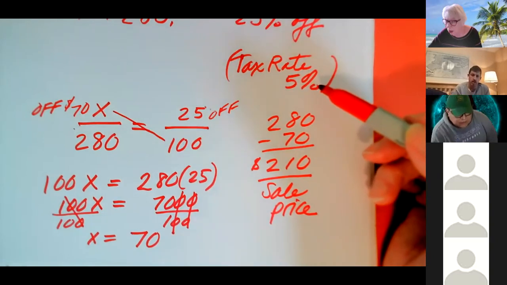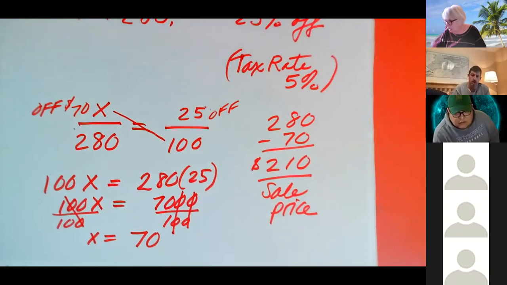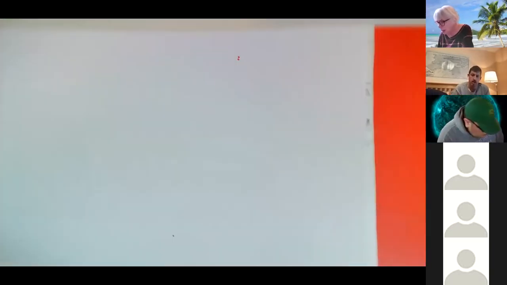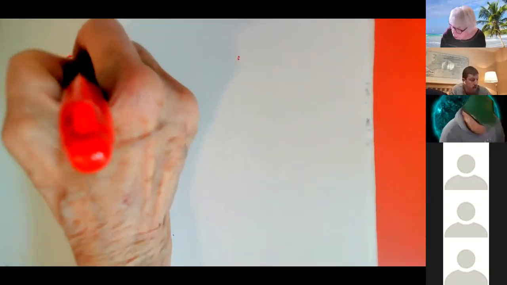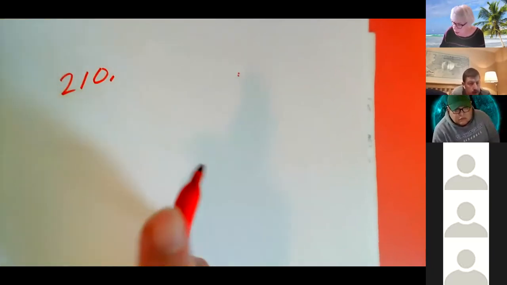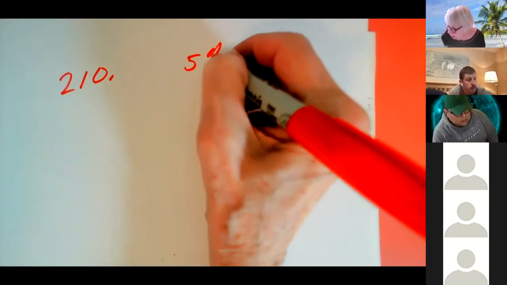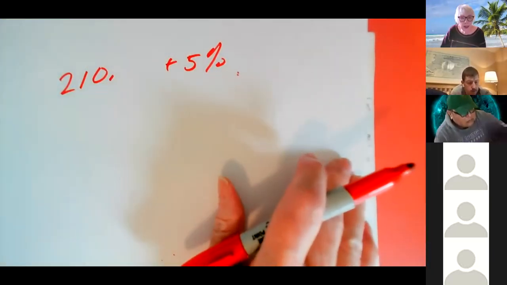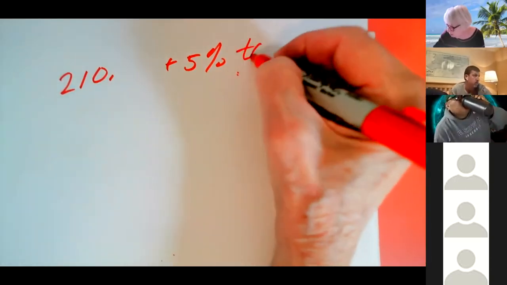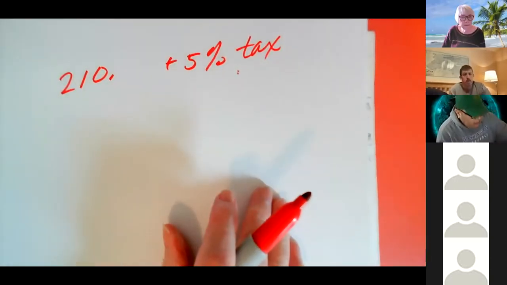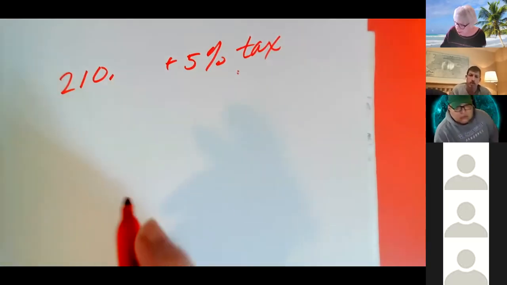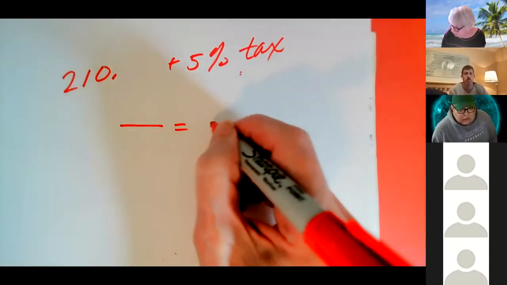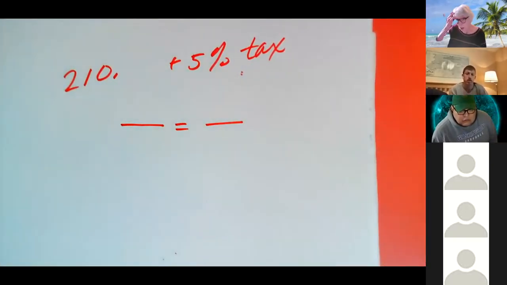they're going to put this on automatically. Let's do the calculation. So if our price is $210, which we did figure out, and we have to add that 5% tax. Okay? All right. We could do this with a proportion.